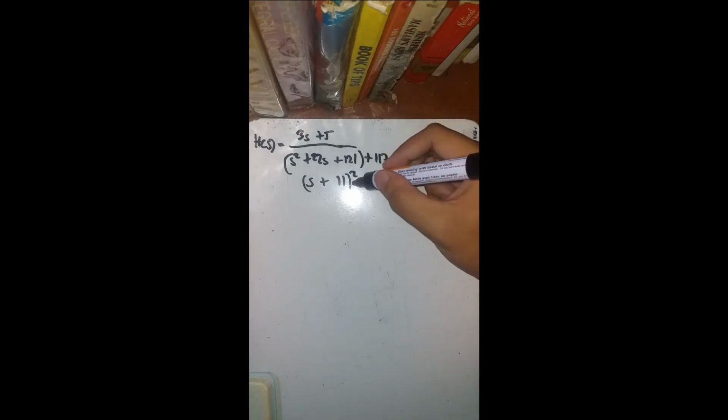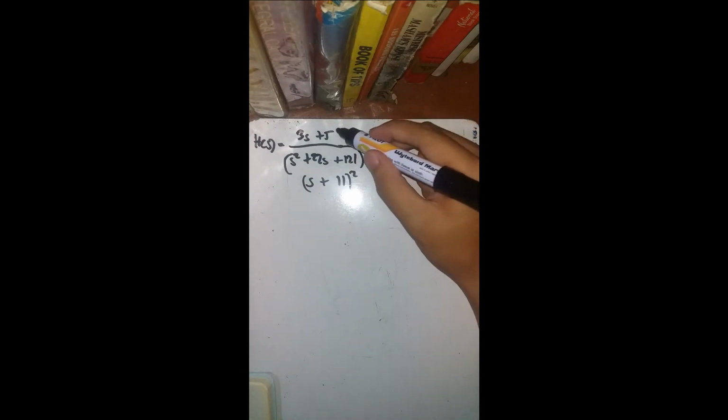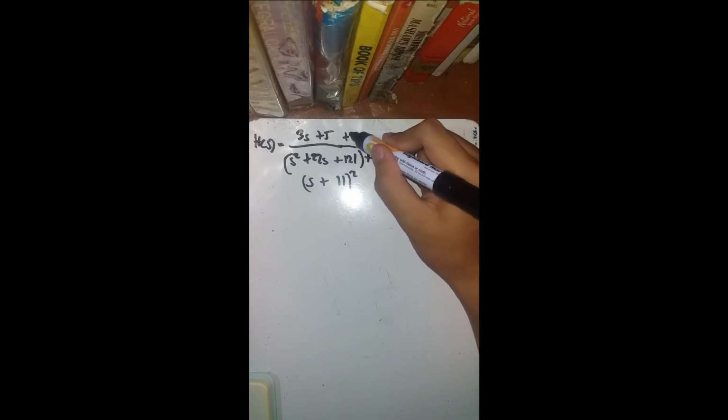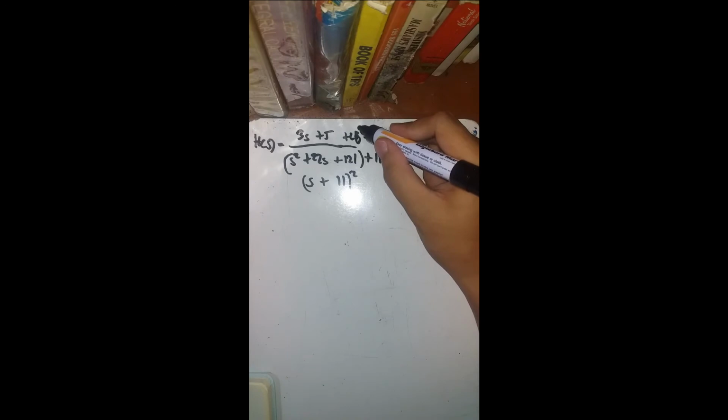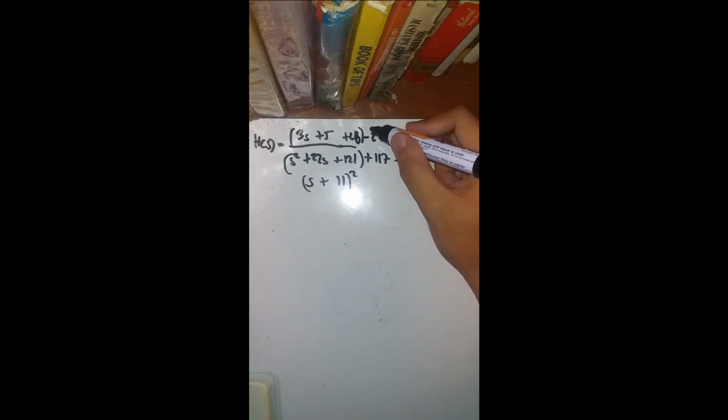In order to have the same s on the top, we add here plus 28 minus 28, and let's group this.